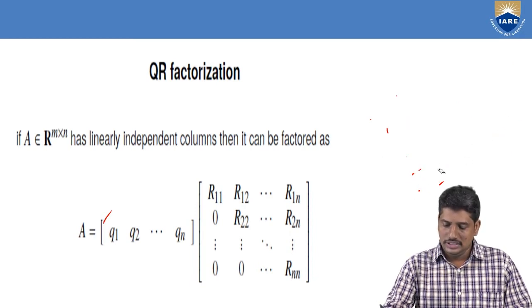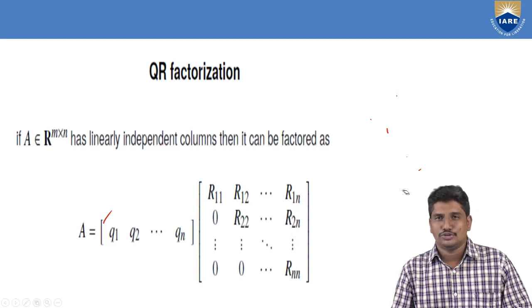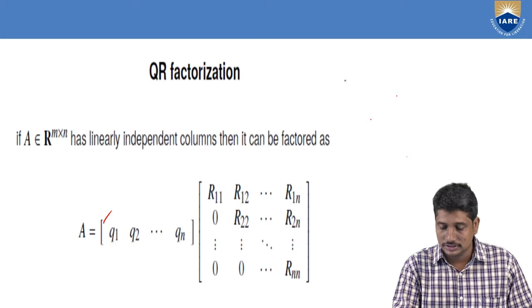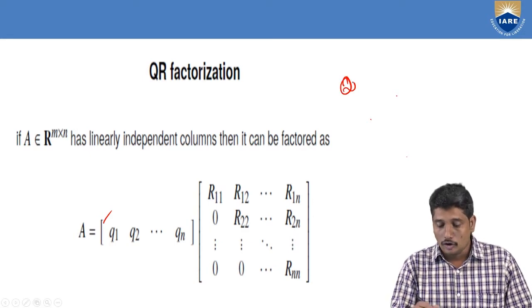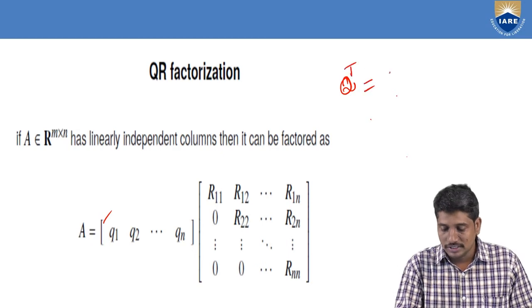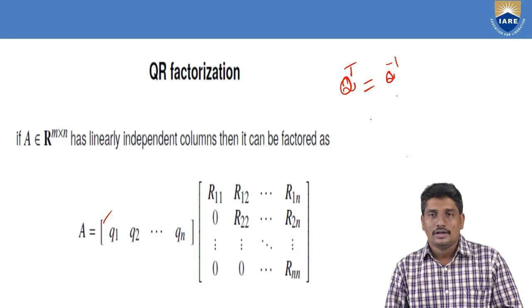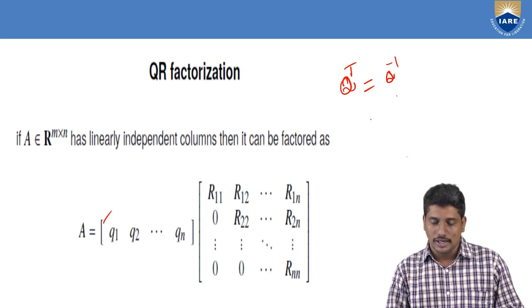Now, if you look a little deeper into the sense of orthogonality of a matrix, we can understand a few things. If a matrix Q is orthogonal, then automatically its transpose becomes its inverse. It is a property which is automatically attained from the definition of orthogonality.